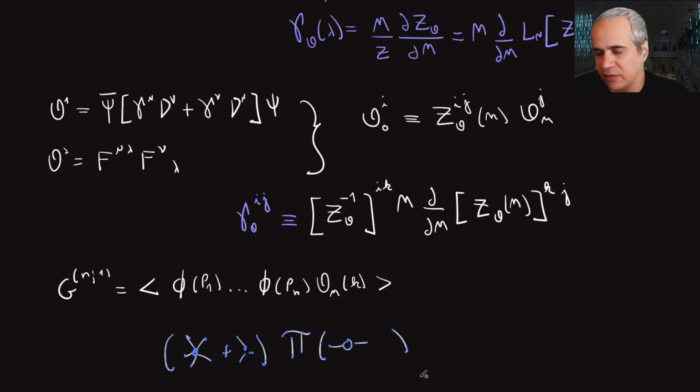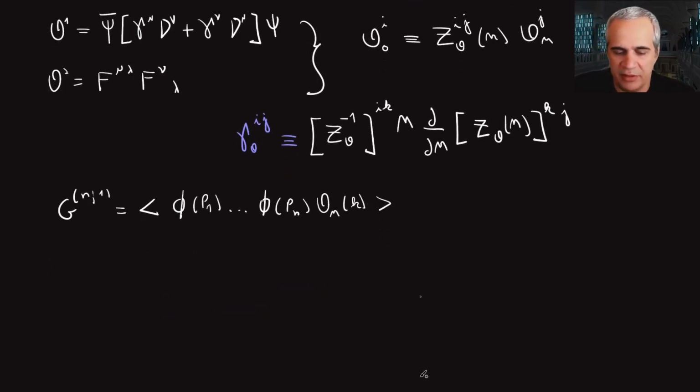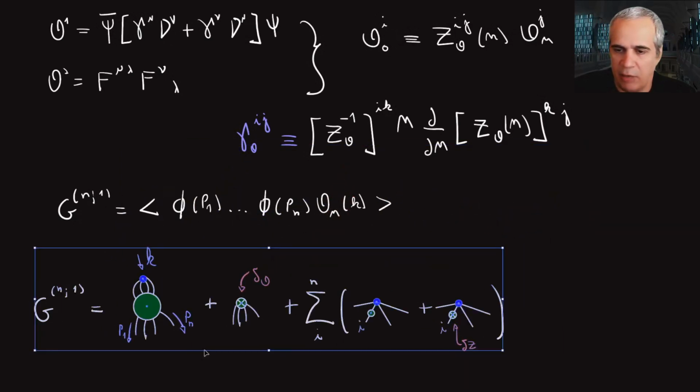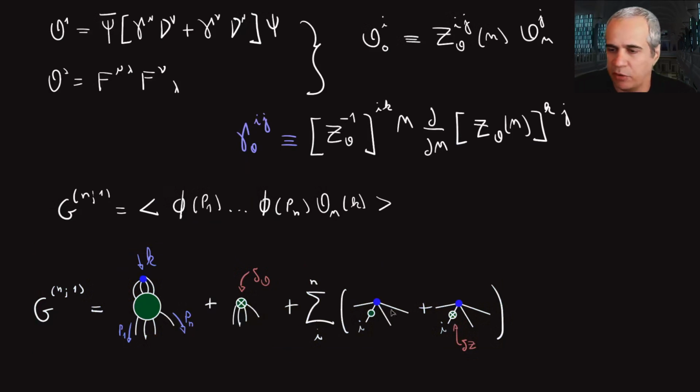In that case, what is left is just this, right? I won't have products of two bubbles like that, nor products of two counter terms, but I'll have the part that is equivalent to the vertex. So see now, I have a Green function that has n external legs, one insertion of the local operator. So this blue dot here represents the local operator.